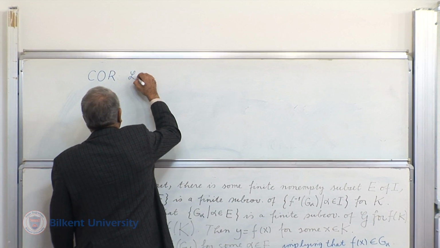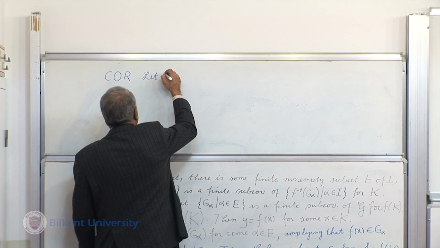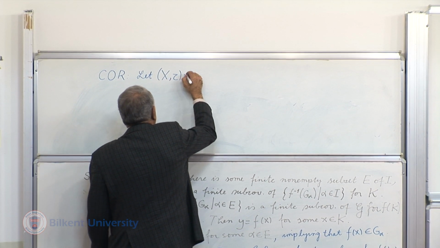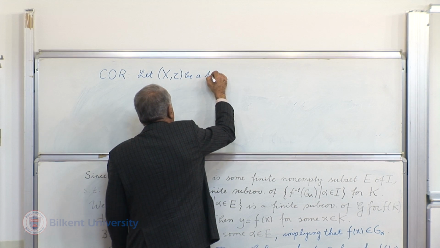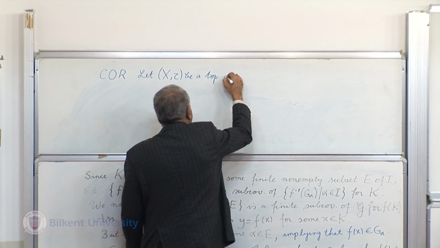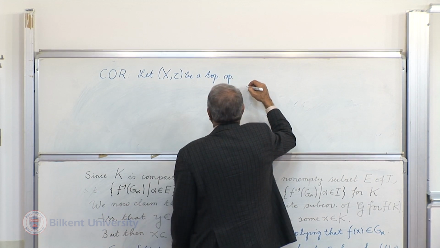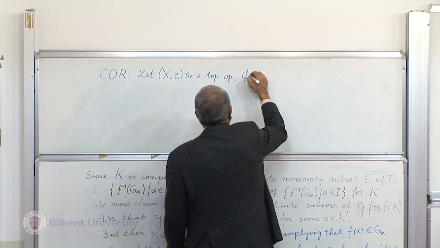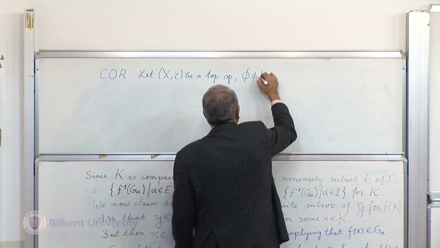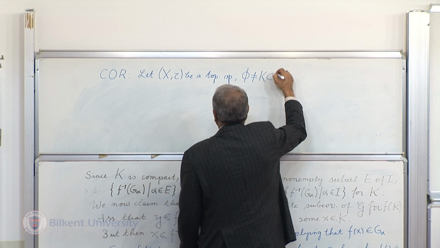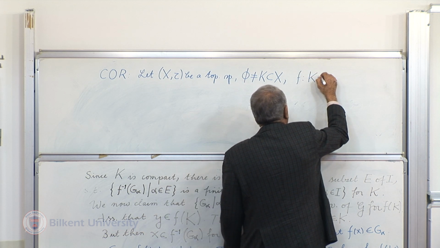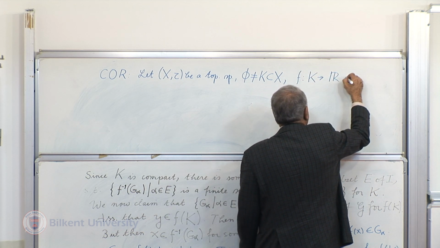So let (X, tau) be a topological space, K a non-empty subset of X, and f from K to R a function.